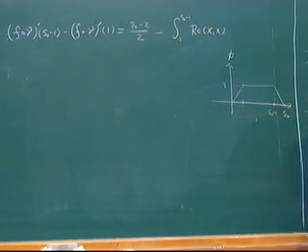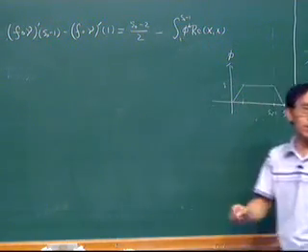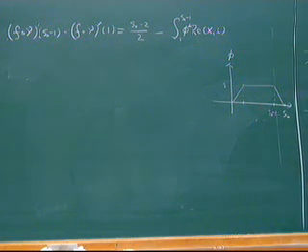If we take this kind of function, we can put a square here because it is 1 on this interval.